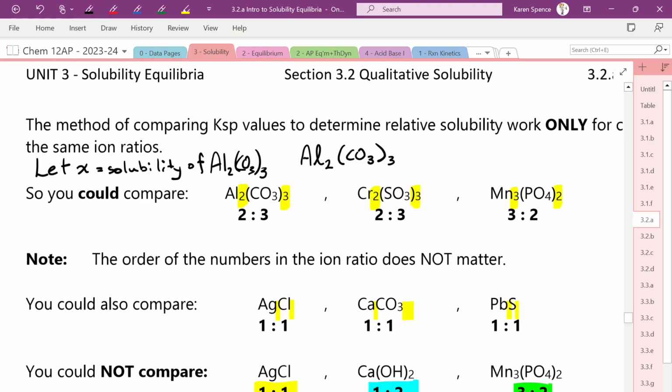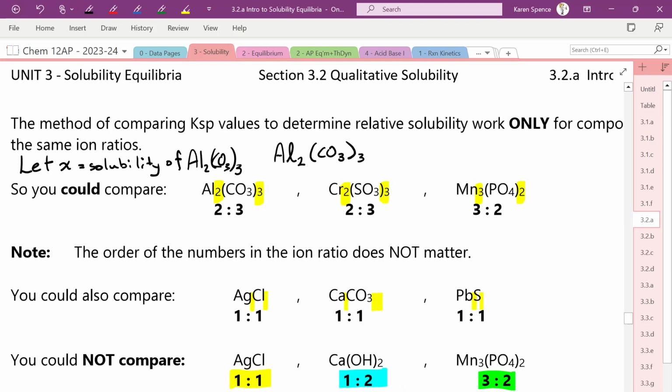What's the first thing you should do when you're figuring out how to solve for a solubility or solve for a KSP here? The solubility equilibrium equation. So we've got 2 Al3+ plus 3 CO3 2-, and don't forget, because you're dealing with solids and aqueous, you should always be writing your states.